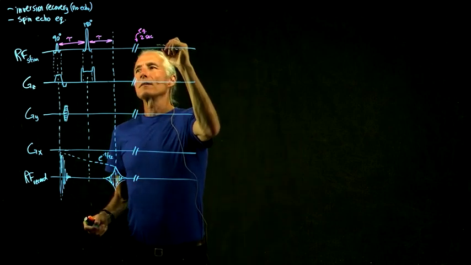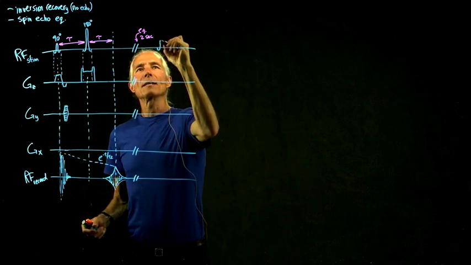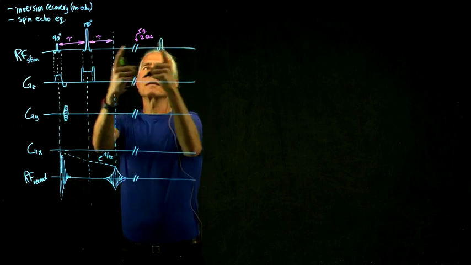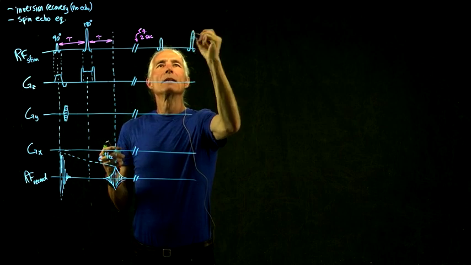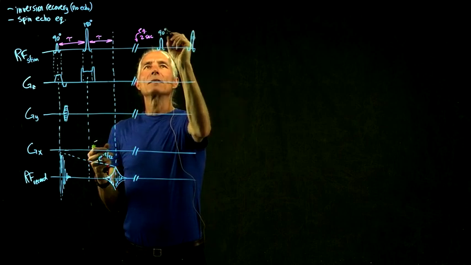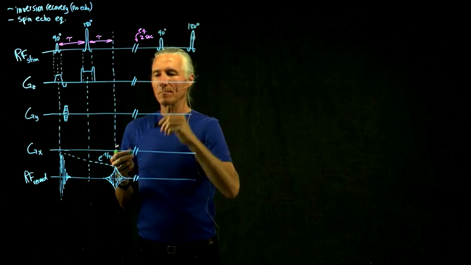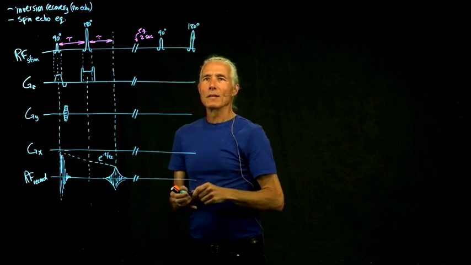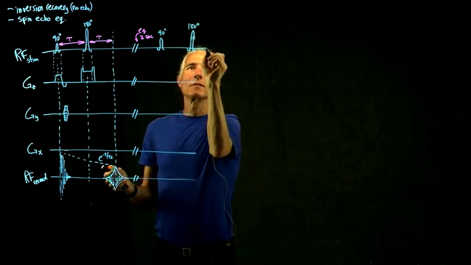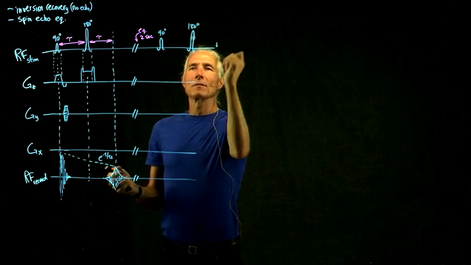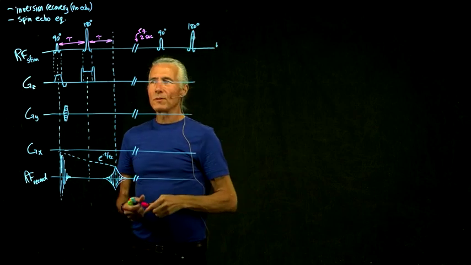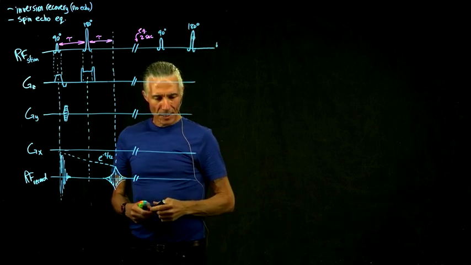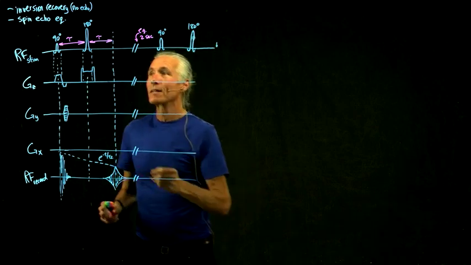So here we go again. So here's another 90, and then there'll be another 180, and then another echo. So what is our definition of TR?